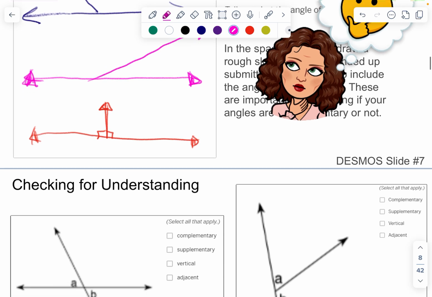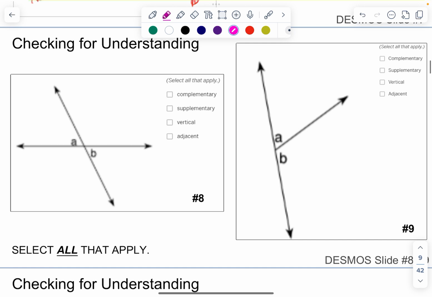Okay, so checking for understanding. It's asking you about angle A and B. Well, look right here. They are definitely vertical. They're not adjacent because they don't sit beside each other.